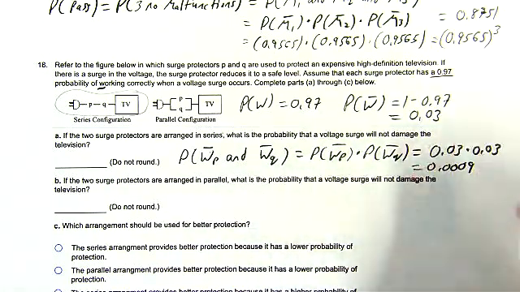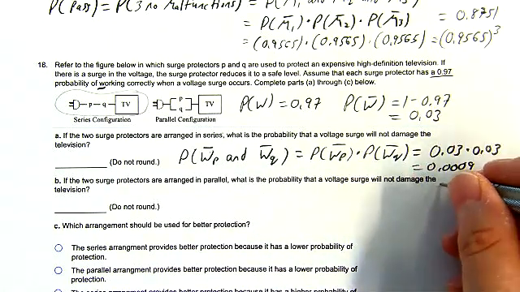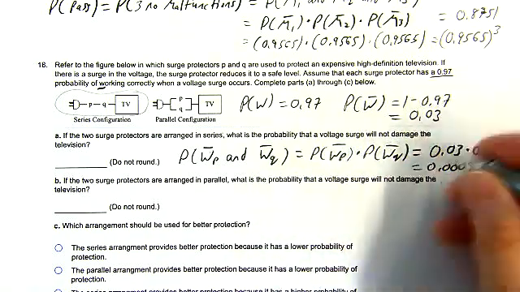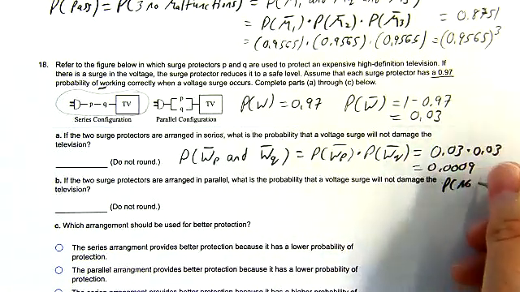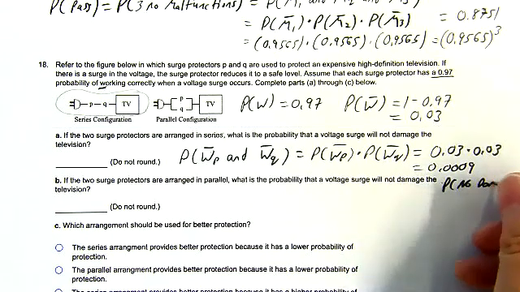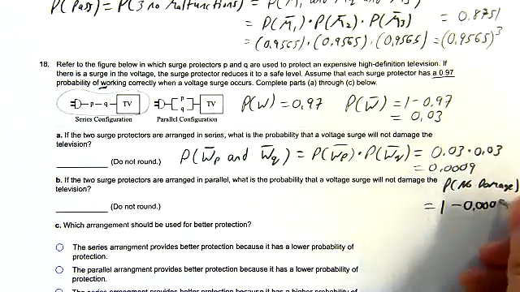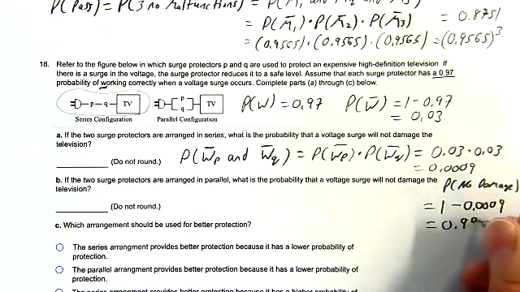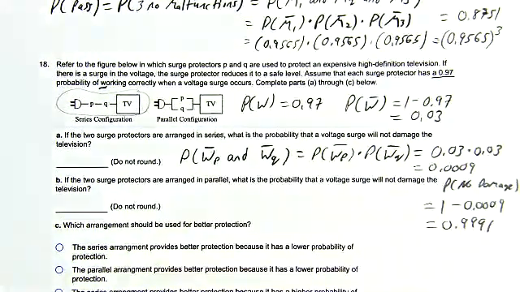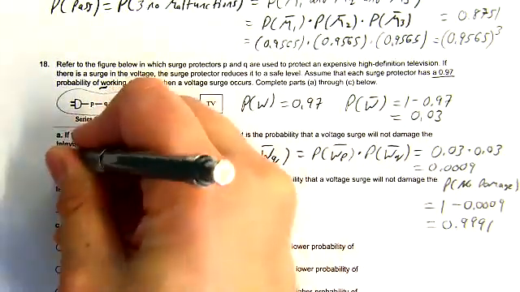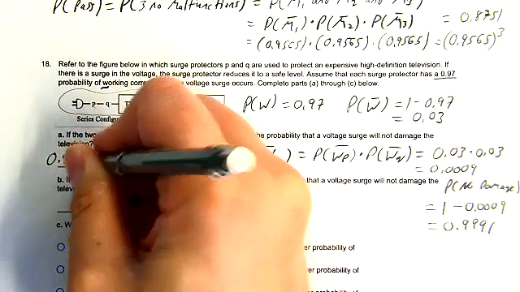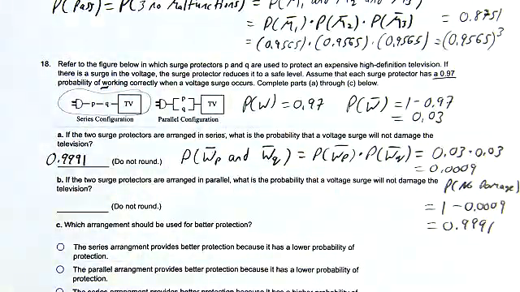So the probability of no damage is 1 minus 0.0009, which is 0.9991. So in series, there's a 99.91% chance that your TV is going to be just fine.